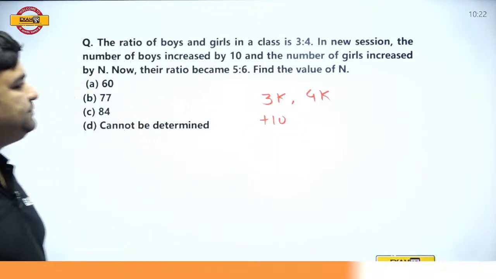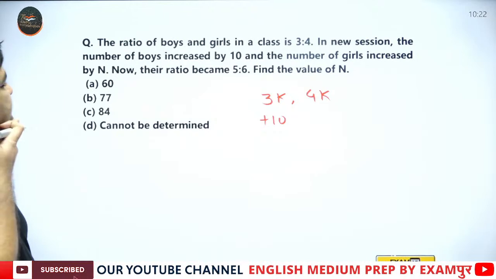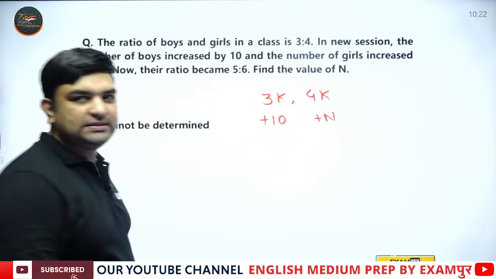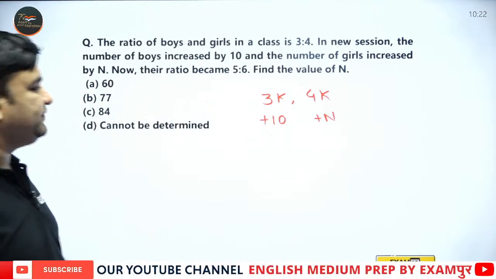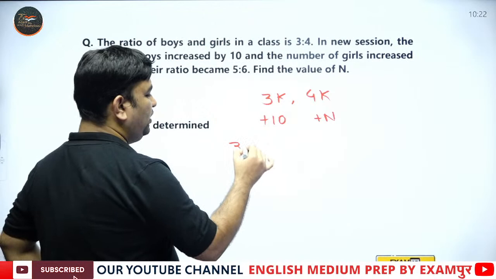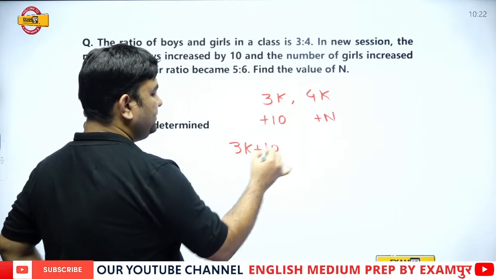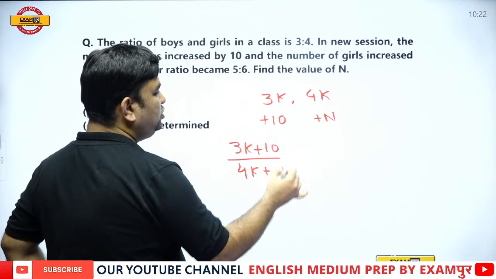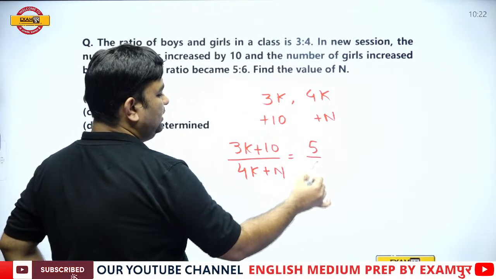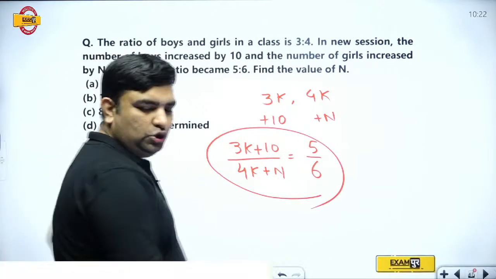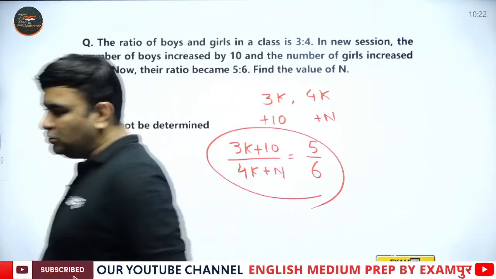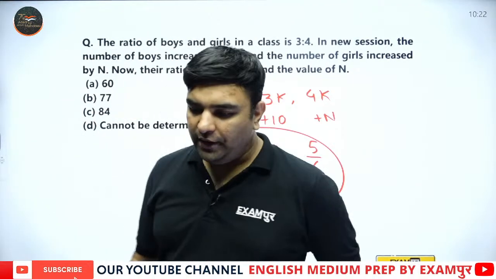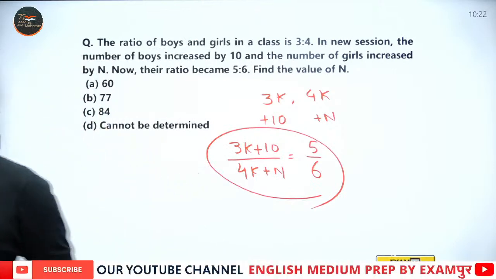Girls increase by n, so 4k plus n. The new ratio is 5:6. So in a single equation, there are two variables. Can you find out the value?